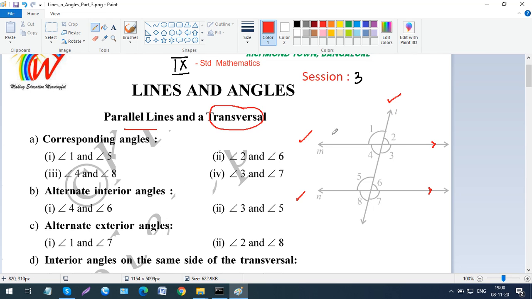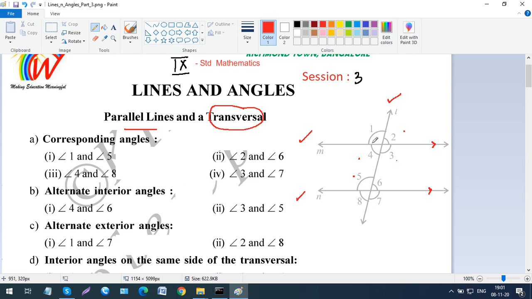When you have this kind of setup, two parallel lines intersected by a transversal L, you actually get a few angles. You get angle 1, 2, 3, 4, 5, 6, 7, 8, so 8 angles. There are terms given to these angles. Look at angle 1 and angle 5.